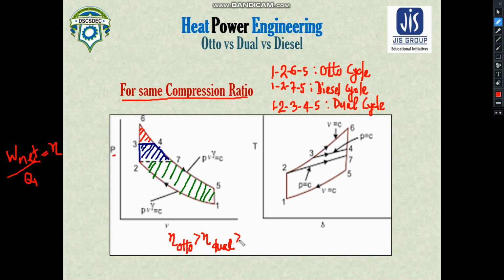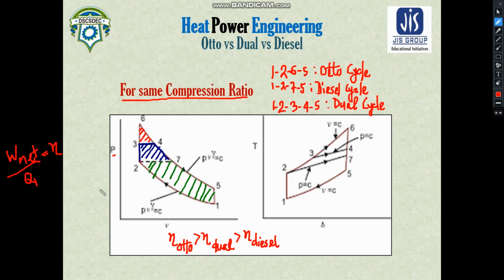So what is the relationship here? Auto cycle will give you the maximum efficiency when we are comparing these three cycles for the same compression ratio, and diesel will give you the minimum.